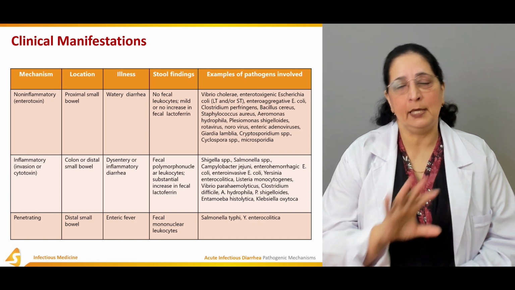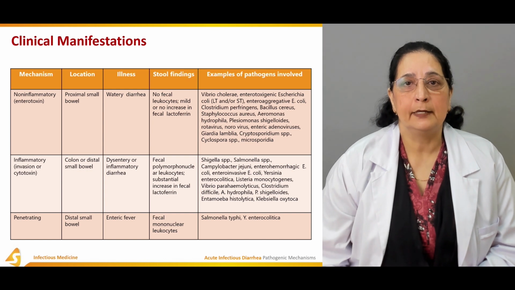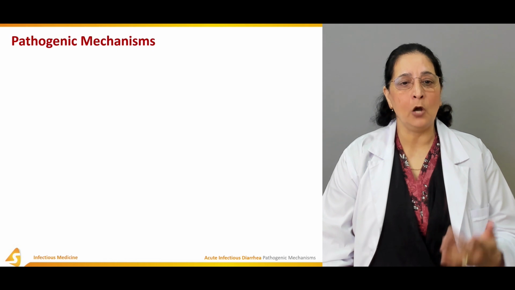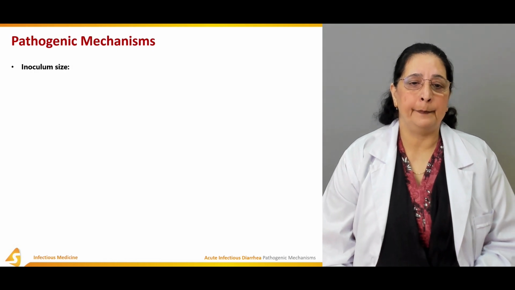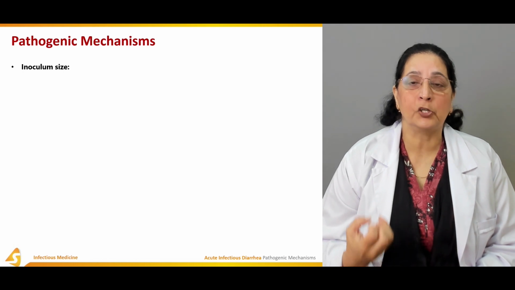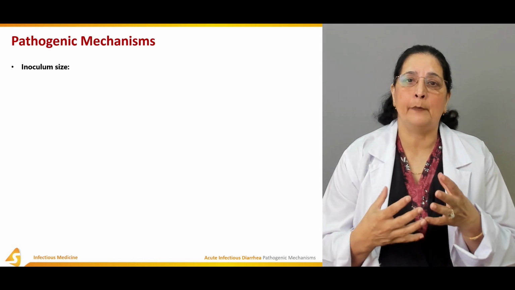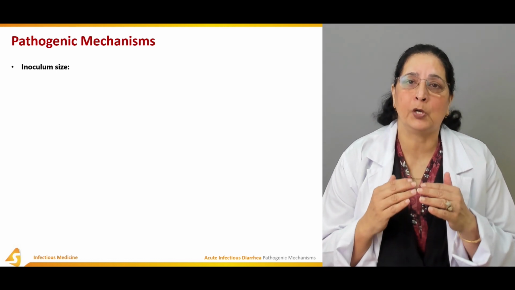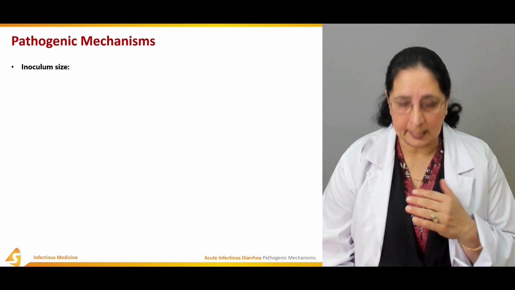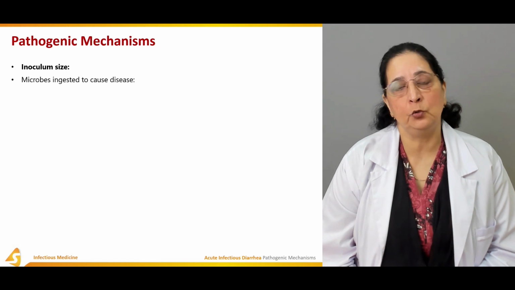So a very good and comprehensive description of the differentiation between the three types. Now in the pathogenic mechanism, let's talk about the inoculum size. Inoculum size is how many microorganisms are required to cause the disease in the first place. So inoculum size is microbes ingested to cause disease.